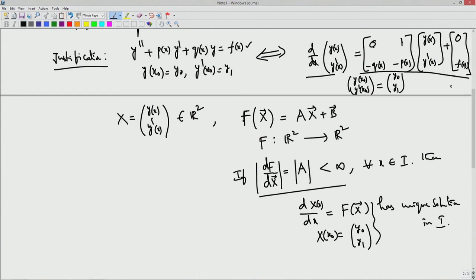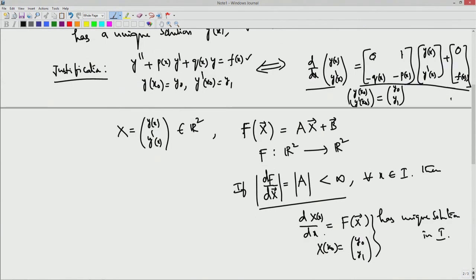So there is actually a more general theorem. If you have a system like this, and if this is bounded in a rectangle like this, where the initial value is x naught, and you think of your R2, this is your x, and this is your capital X. So you are actually in the space, and at this point you will have some rectangle.